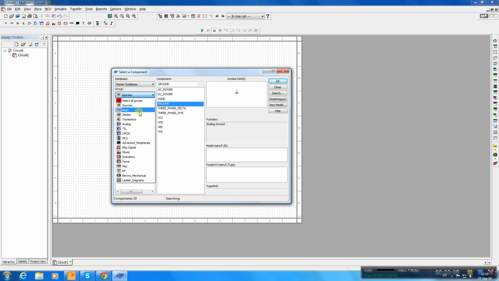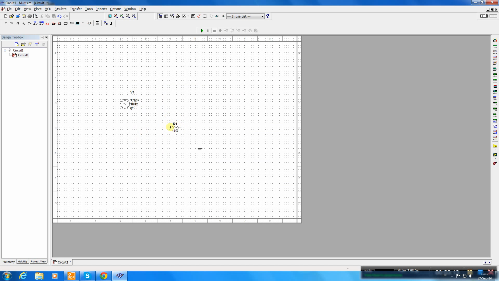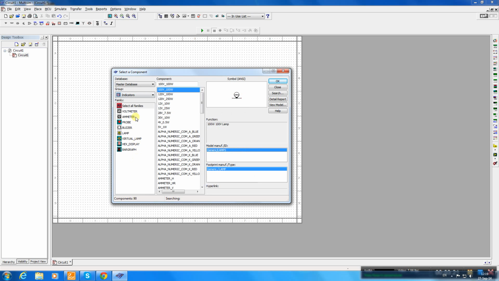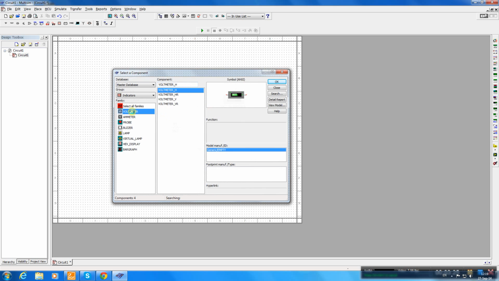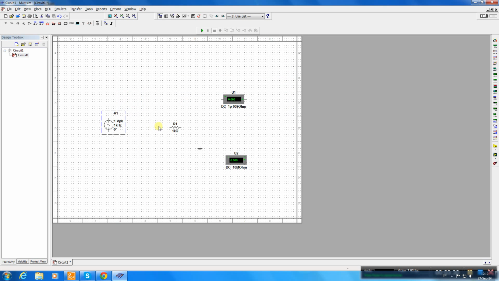Okay, and let's select the basic resistor, and also indicators. Let's use an ampermeter and a voltmeter.